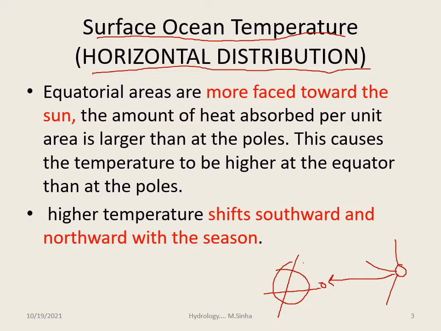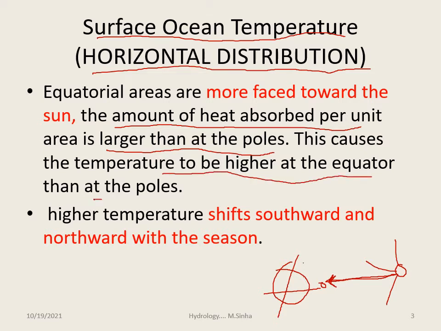Due to this perpendicular EMR, the equatorial region receives more EMR. So equatorial areas get more heat, and the amount of EMR absorbed per unit area is larger than at the pole. Obviously, the temperature of the surface water of the equatorial region is higher than at the pole.